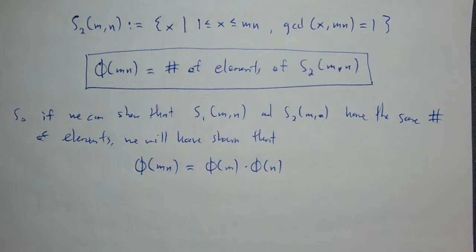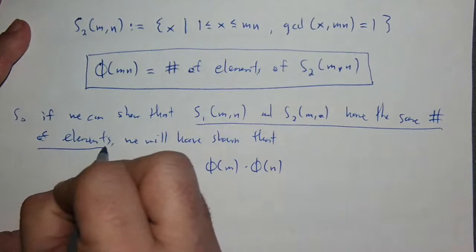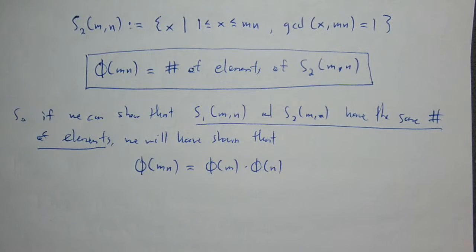Now, as I said, you may say this is a really roundabout way of doing it. Like if I could show that those two sets had the same number of elements, then that's kind of exactly the thing I'm trying to prove. Anyway, how does this help me? Showing two finite sets have the same number of elements. Okay.